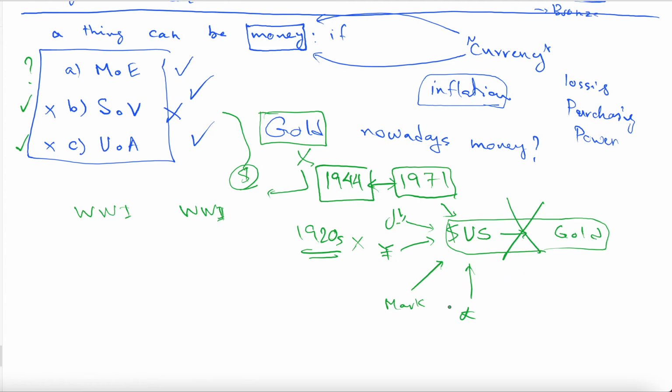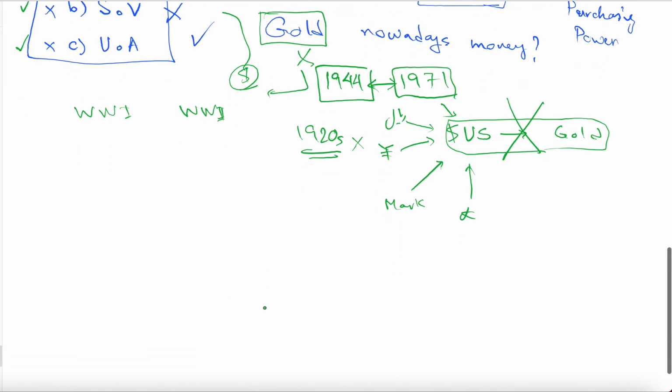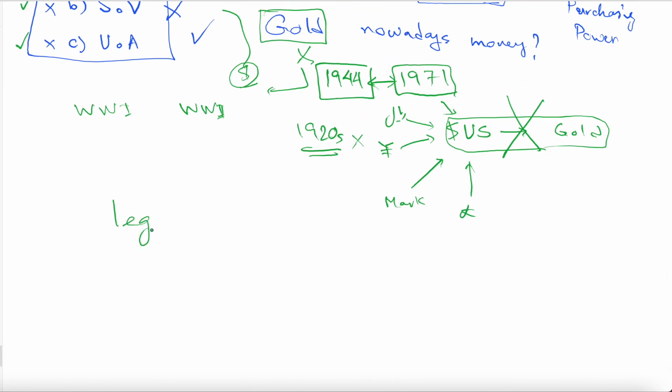And ever since, we have the so-called legal tender or fiat currency, or fiat currency if you want to pronounce it the British way.